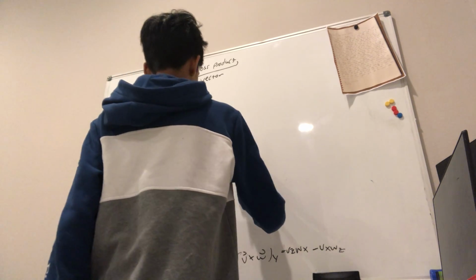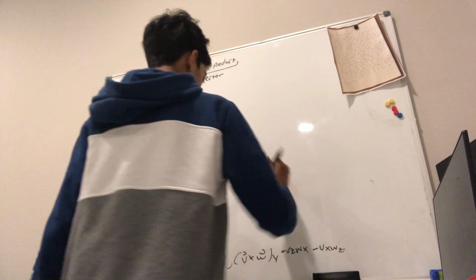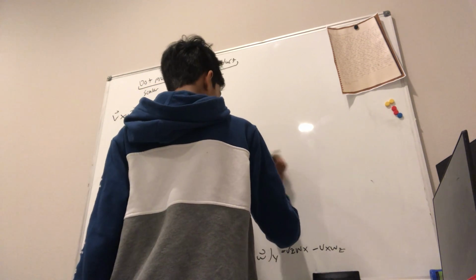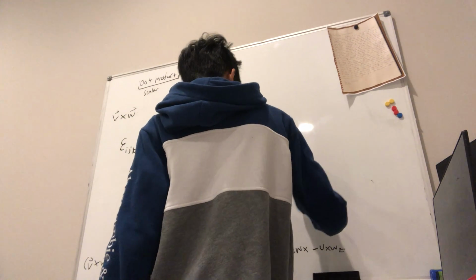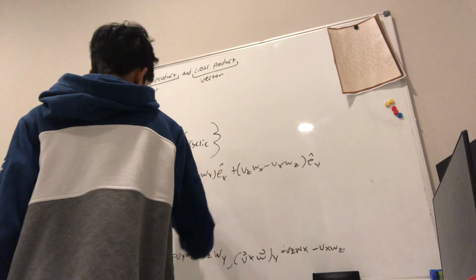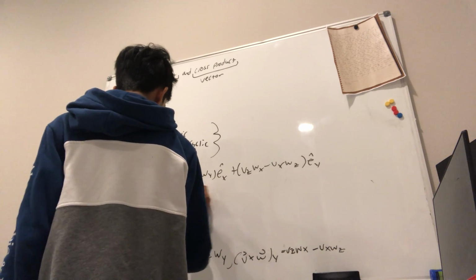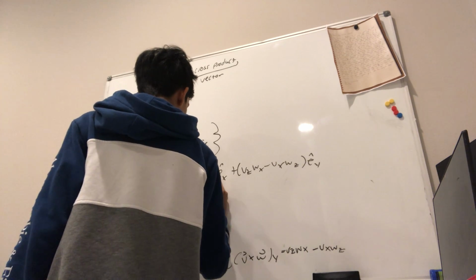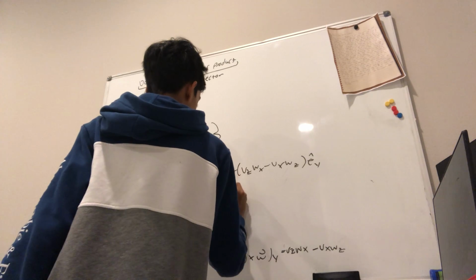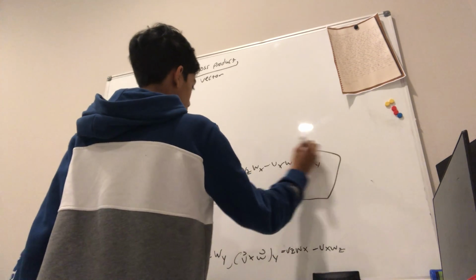Next, the y component, v_z w_x minus v_x w_z, times e hat y. And then plus the final one, v_x w_y minus v_y w_x, times e hat z. And that is our cross product.